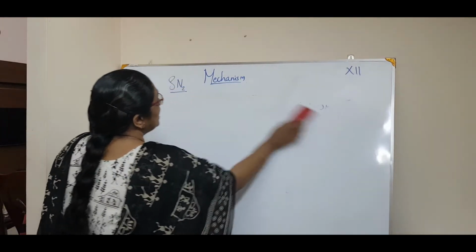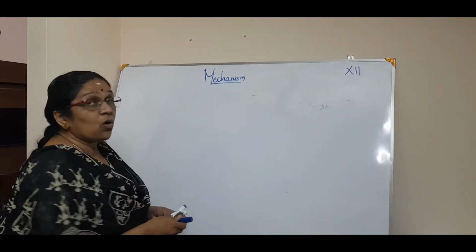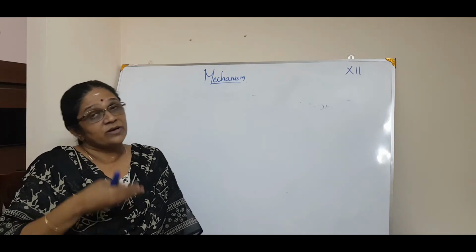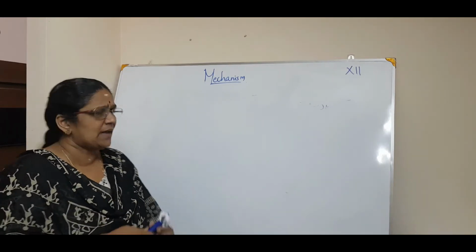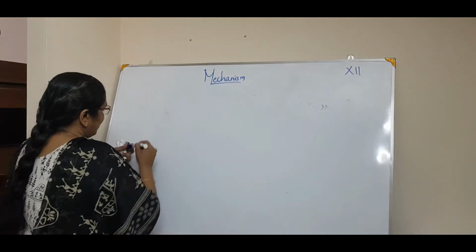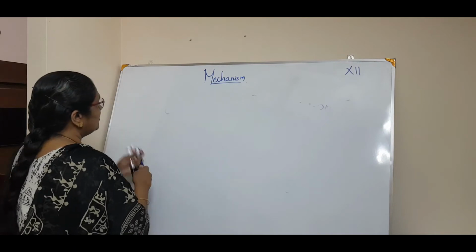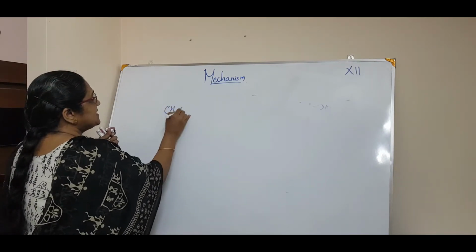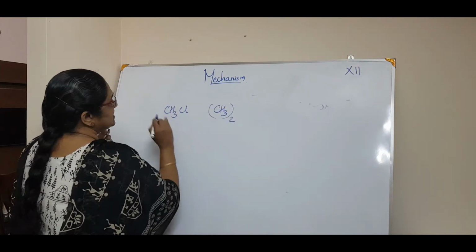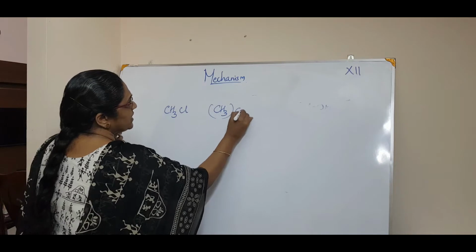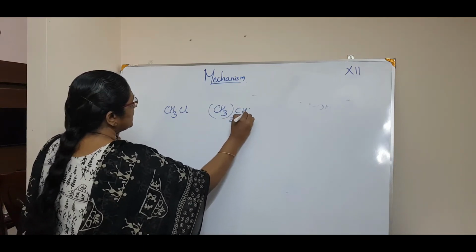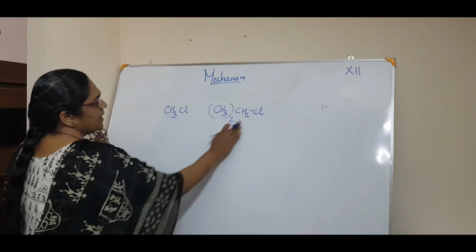Now we will see the order of reactivity. You know, there is a primary carbon or a primary group, a secondary group or a tertiary group. For example, we can relate all this: CH3Cl, then (CH3)2CHCl, then (CH3)3CCl, and one more I can write, CH3CH2Cl.